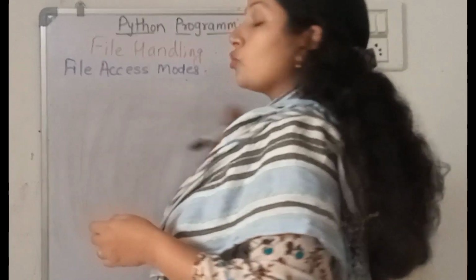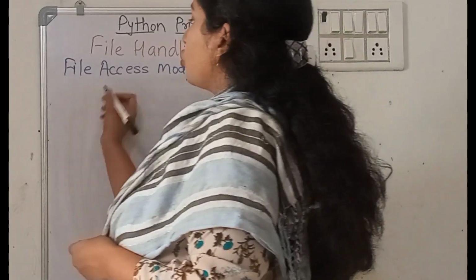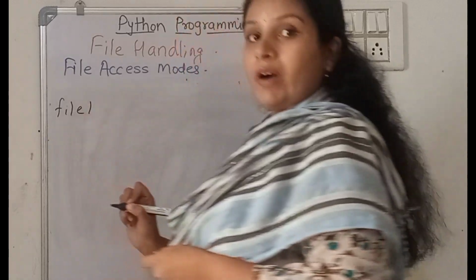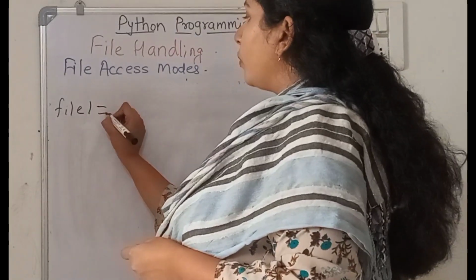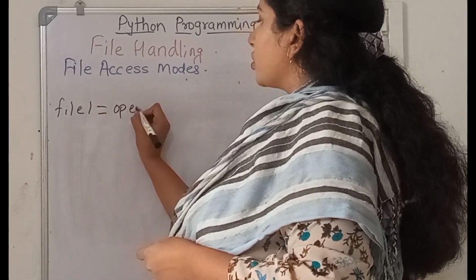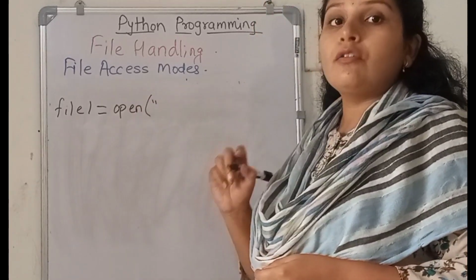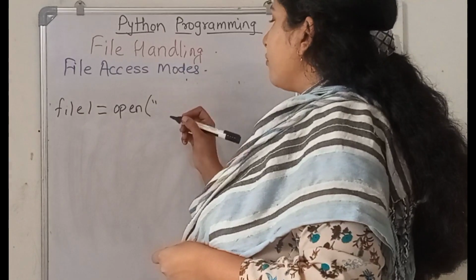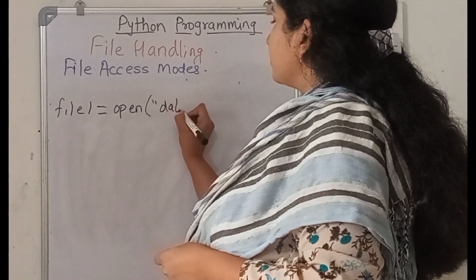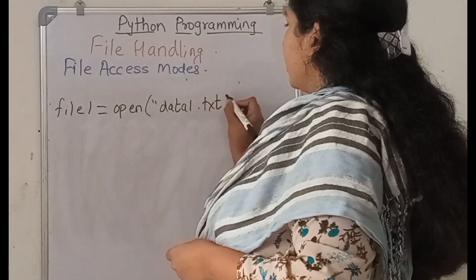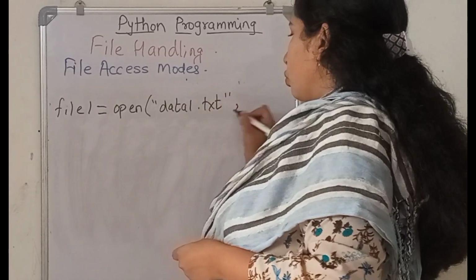First of all, you need to create the file object. So I will take the file object, file1 equal to the open function, and here I am going to mention the file name. So my file will be data1.txt. This file I am going to open.